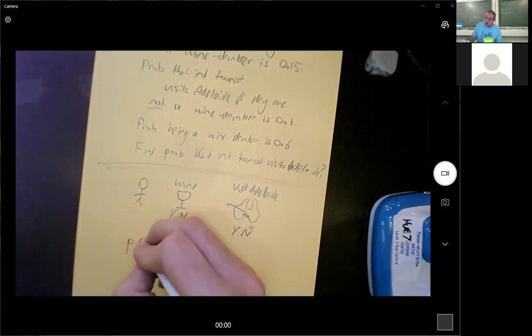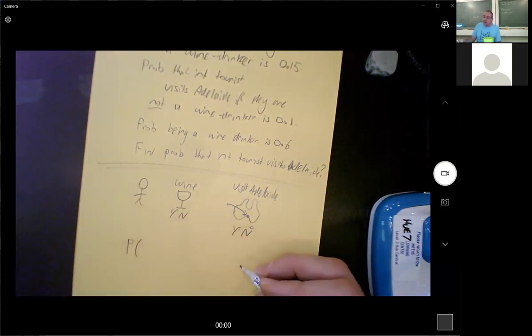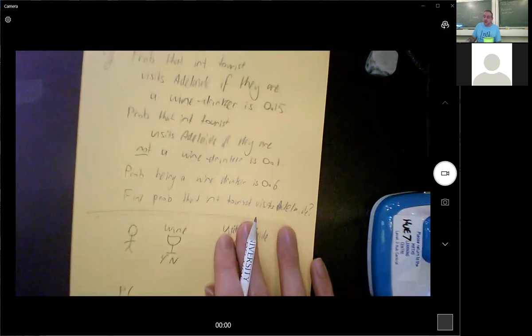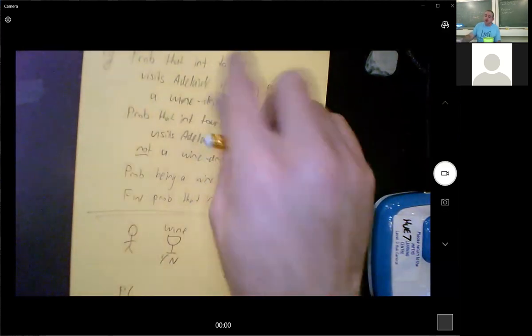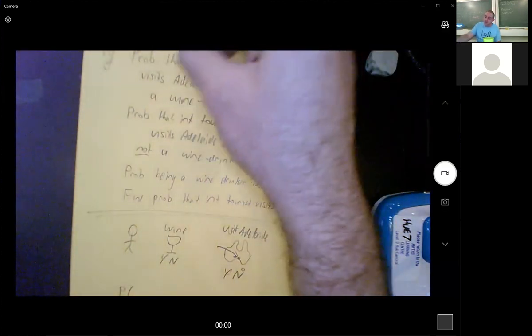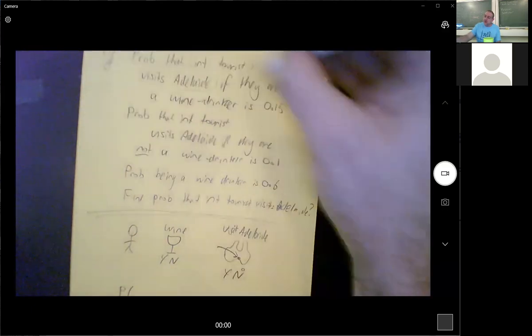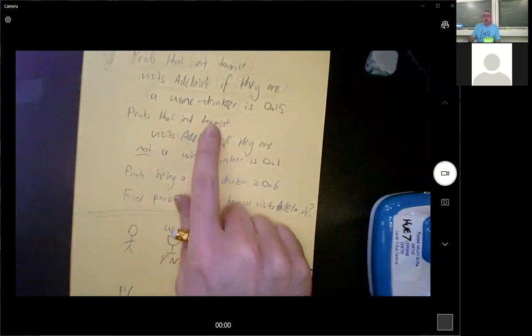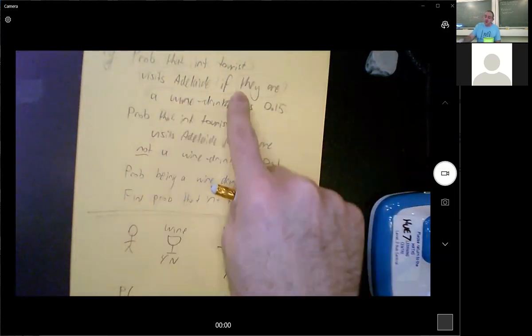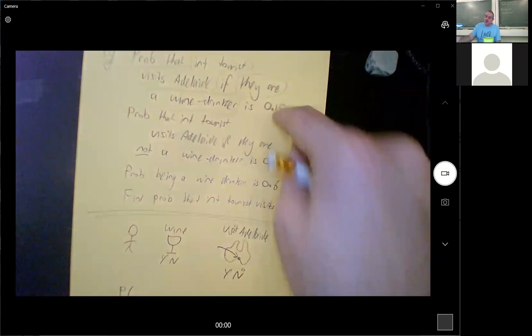The probability that an international tourist visits Adelaide if they are a wine drinker is 0.15. So the grammar of this sentence says that we've got an international tourist visit Adelaide if they are a wine drinker. And so that says to me it's a conditional probability. Given they're a wine drinker, the probability that they visit Adelaide is 0.15.